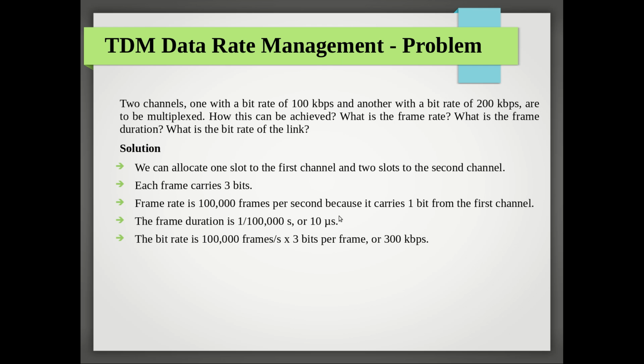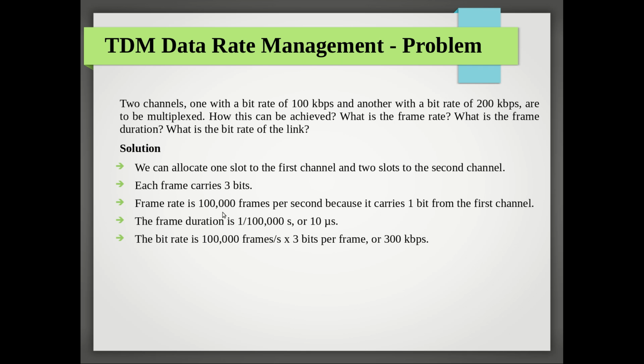Now, does it match the speed of the second channel also? Yes, because 100 kilo frames are moving, and our multiplexer is generating that many frames every second. Such a fast multiplexer we have. And with these frames per second, how are we achieving 200 kilobits per second for the second input line? That is because within each frame we are carrying 2 bits from the second data line.